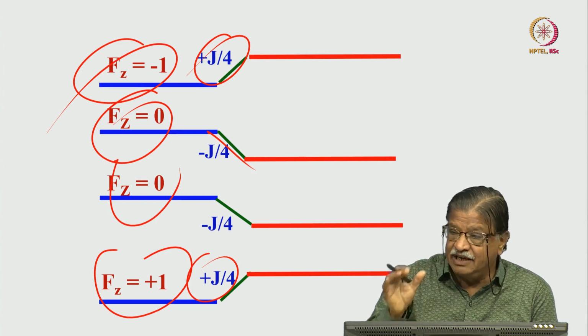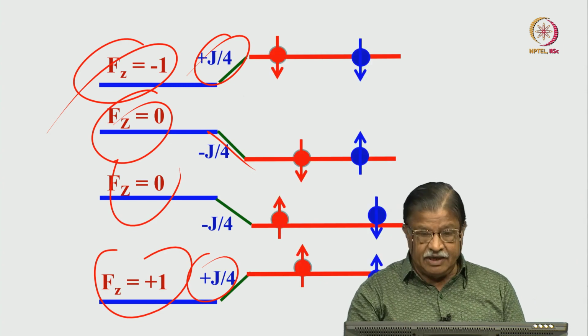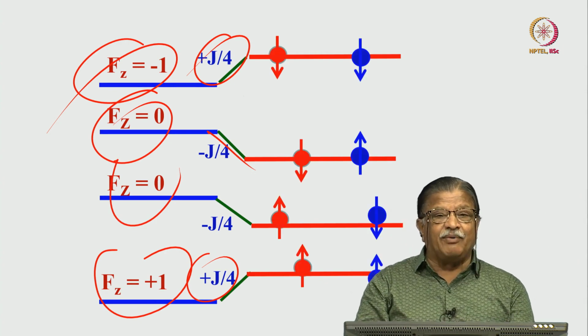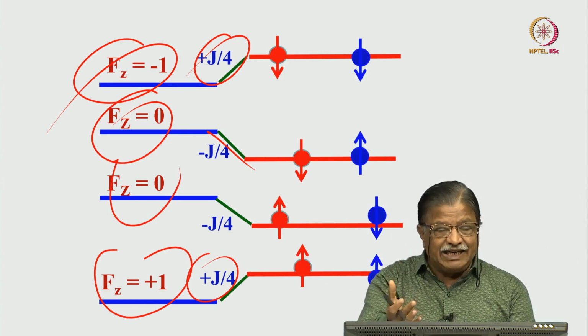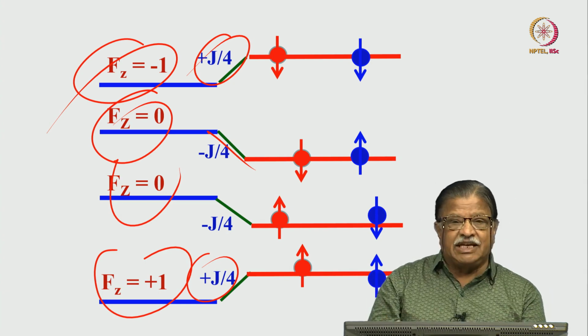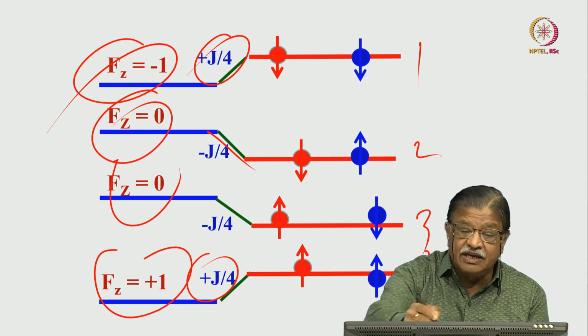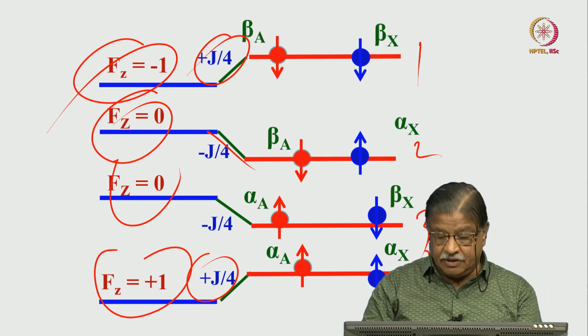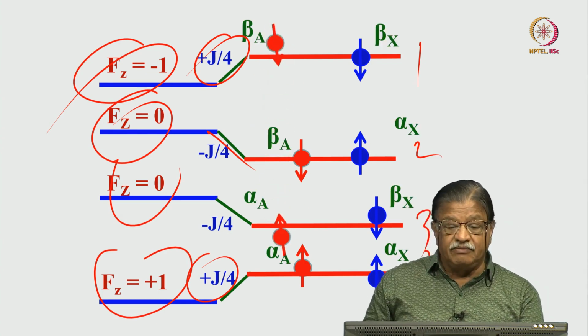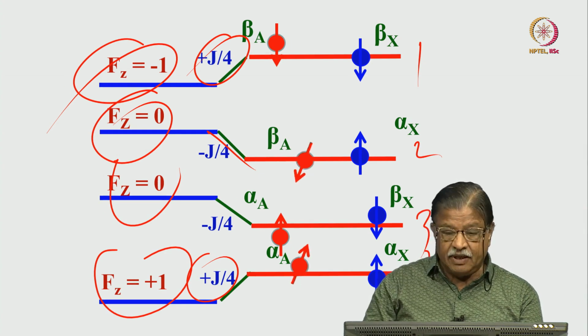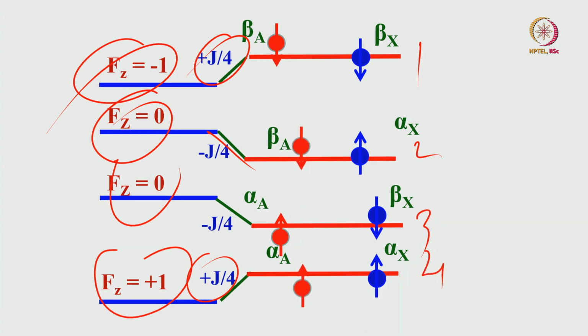See, energy states are now not the same, they are different. If you calculate the transition between different states, considering 1, 2, 3, 4 energy states, we will find out the transitions. 1, 3 is allowed, where A is flipping, and 2, 4 is allowed, again A is flipping. But look at this frequency separation compared to this frequency separation.